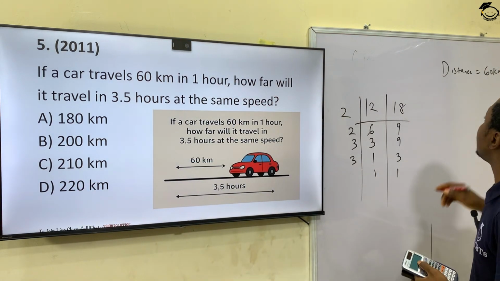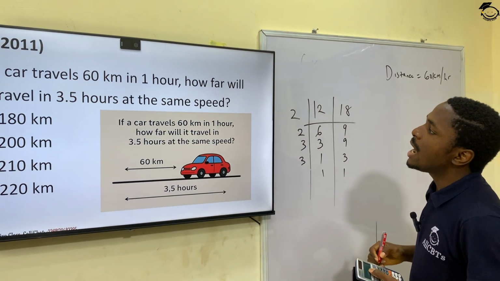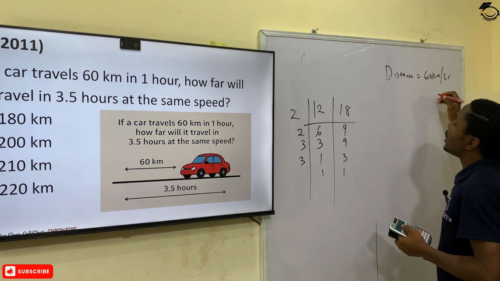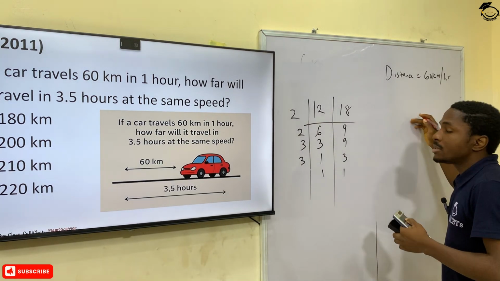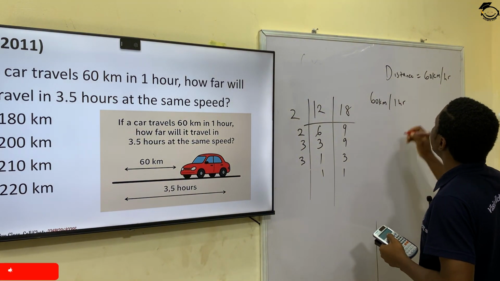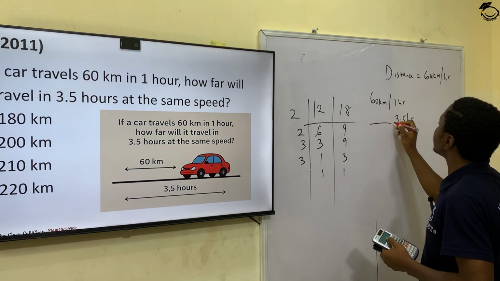It travels that in 1 hour. Then it says, how far will it travel in 3.5 hours? So it travels 60 km in 1 hour. What will it travel in 3.5 hours?